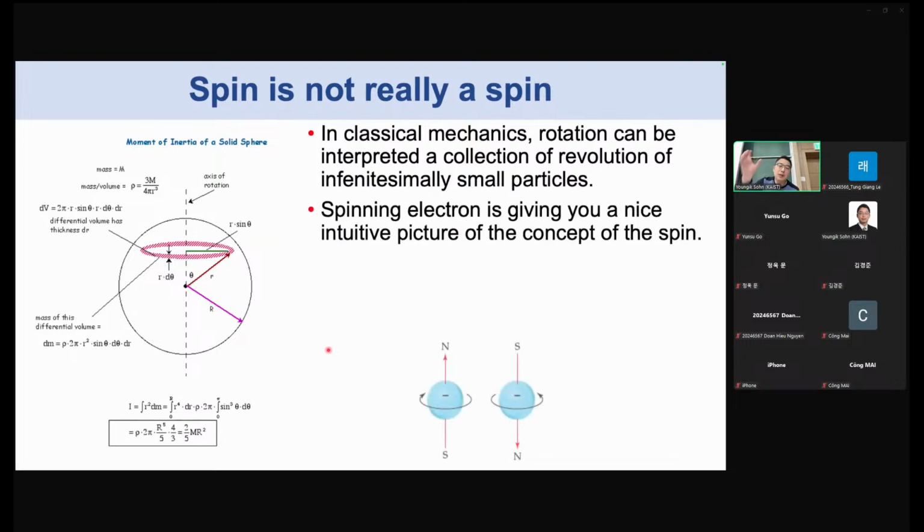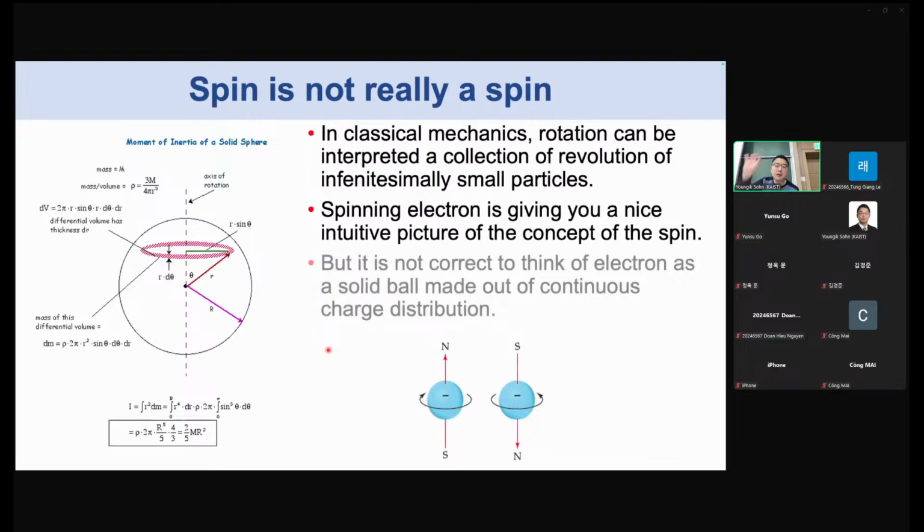If you have some size of a particle spinning around, you probably learned it in first year physics, right? If you have some mass spinning around, you can think of it as a little ring spinning around and you can just integrate. It's a collection of all the rings, or all the disks if you have a field inside, but each disk is also a collection of rings, right?